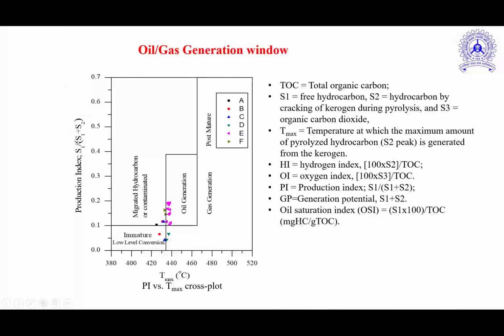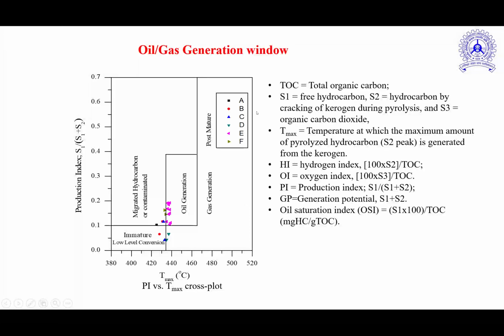Production index is, if you have free gas, S1 indicates the free oil and gas, hydrocarbon we better say, present in the shale, and S1, S2 is the productivity index of the shale itself. So this production index will determine the free oil and gas divided by the total amount that could be present after pyrolysis. So it can undergo cooking again over time. So this is the amount we determine.